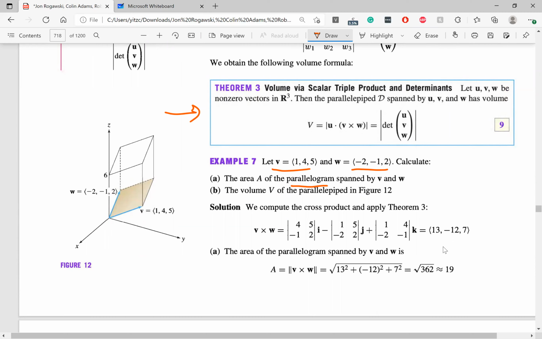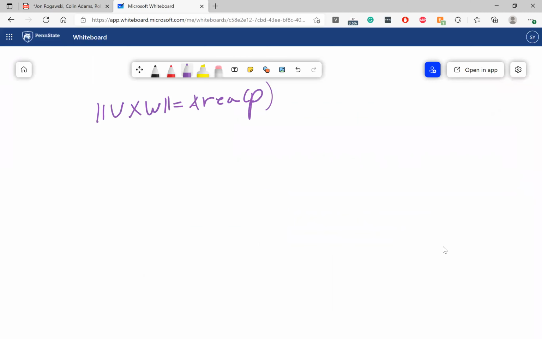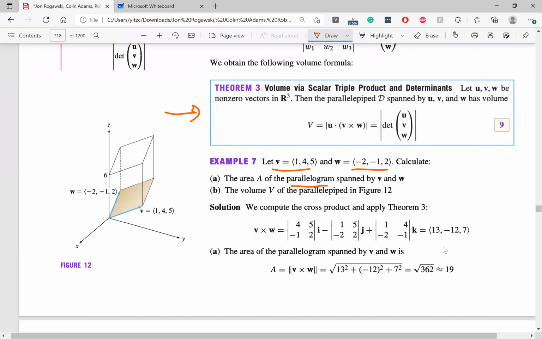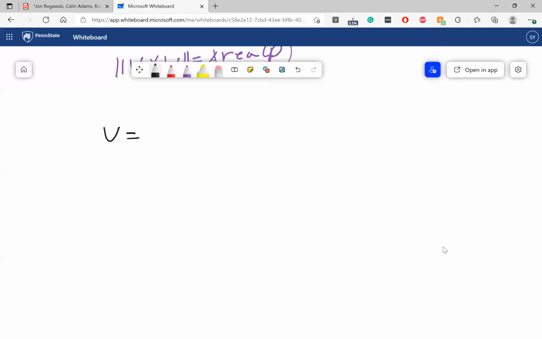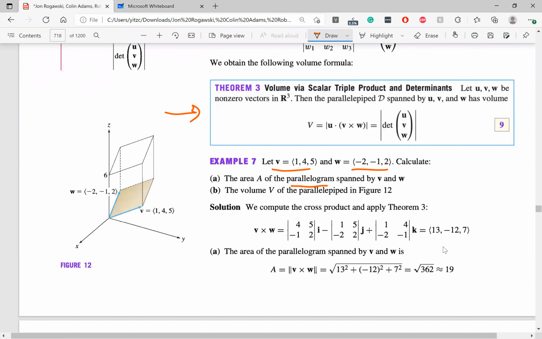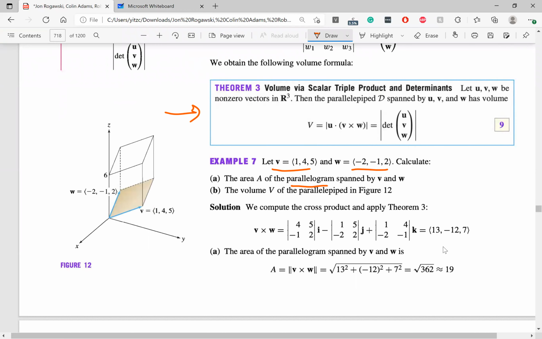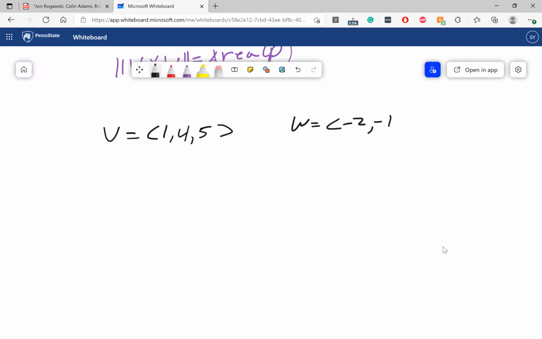Okay, so our v over here is equal to 1, 4, 5, and our w is equal to -2, -1, 2. So what is v cross w?